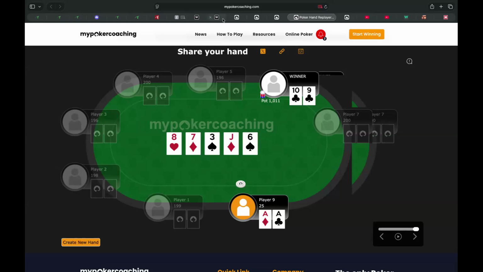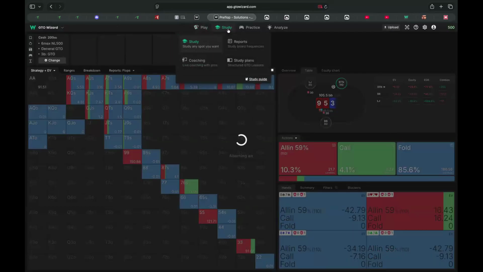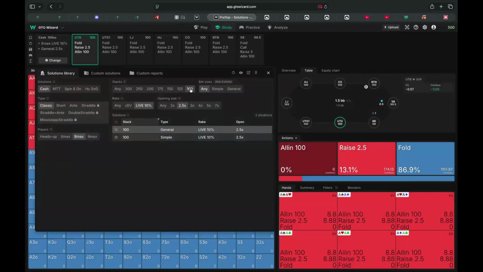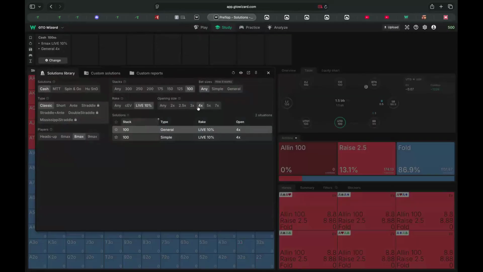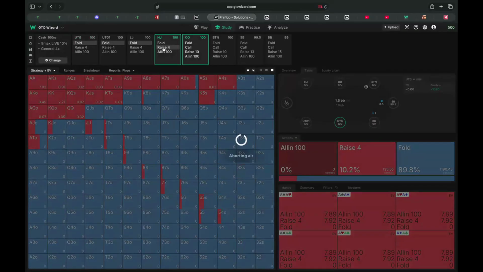Well, looking at the solver, what it suggests is 66%. If we give the solver a whole bunch of different sizes, like 40, 50, 60, 66%. You can't say he even opened from the hijack, though.